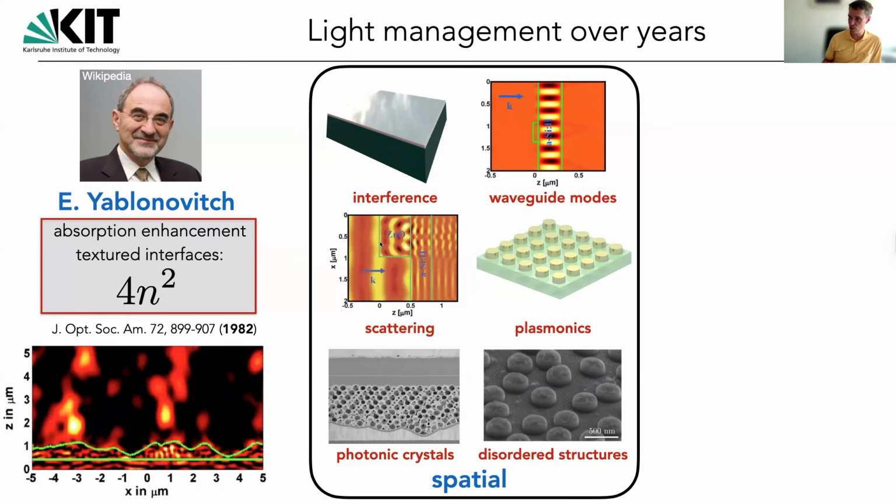So people have also been integrating all types of more macroscopic scattering objects into solar cells that scatter light into oblique directions such that the probability of absorption of light in the active layer is enhanced.